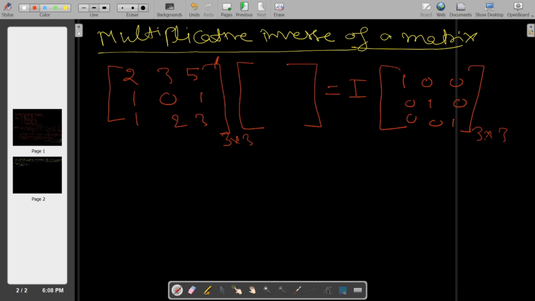We need to understand the determinant of a matrix. First of all, we have to check whether this particular matrix has an inverse or not.